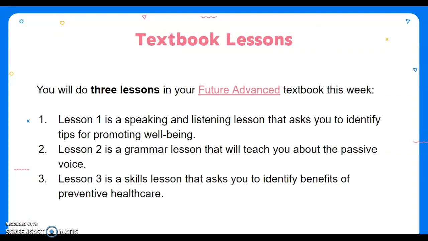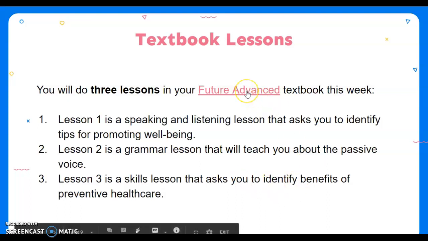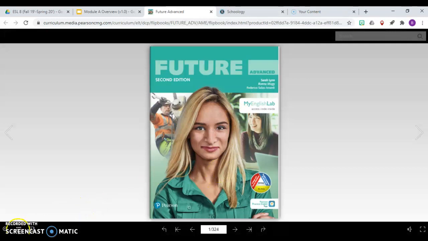So to give you an overview, you're going to have 3 textbook lessons in Future Advanced. I'm going to show you what that looks like. Lesson 1 is a speaking lesson that asks you to identify tips for promoting well-being. I want to show you how to get to Unit 9 if I can.